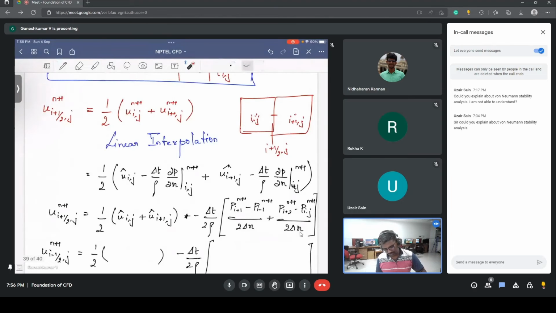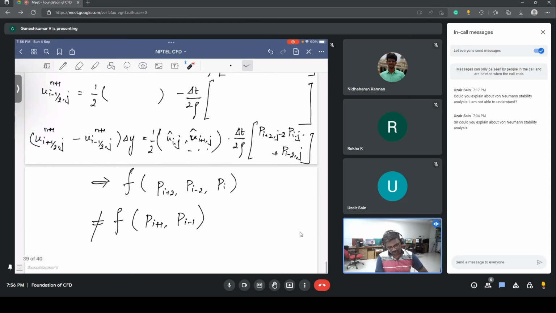The assumption we made was linear interpolation, which means if we want something at the interface, we just take the average of these two, right? That is our instinct, to do linear interpolation, but this ends up in pressure velocity split.